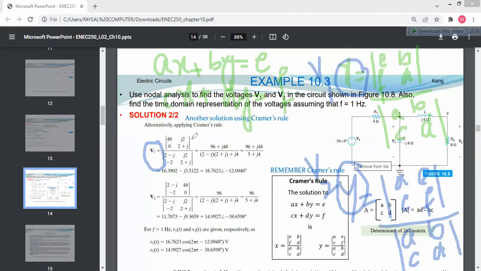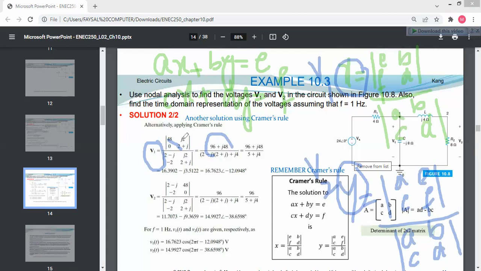So after this I have to multiply diagonally. So 48 multiplied by 2 plus j. Then the negative sign is 0 into j2, so the answer will be 0. Now for the next, it is 2 minus j plus 2 plus j, into a negative side.